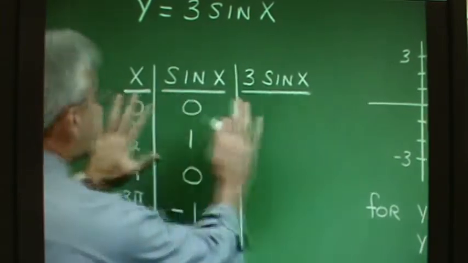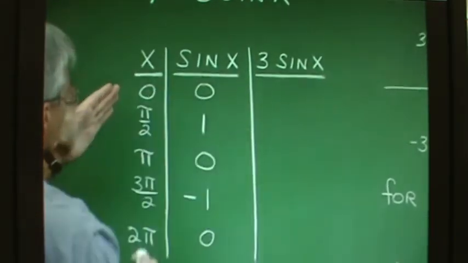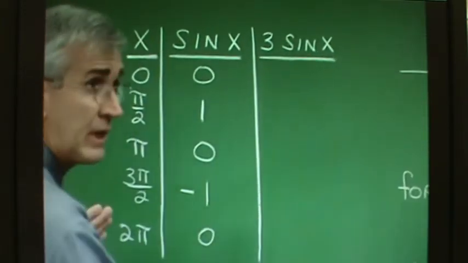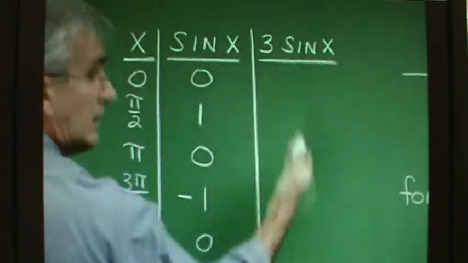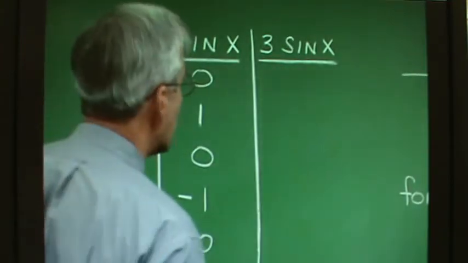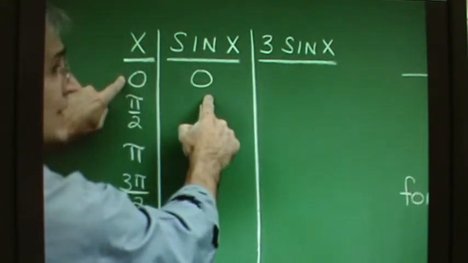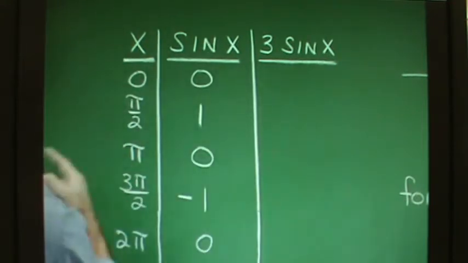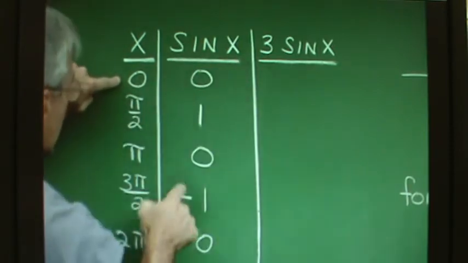Make your table of values so that you have 3 columns in the table. An x column, a sine x column, and then it's pretty easy to calculate a column which is 3 sine x, which is y here, the y values that we're calculating. So for the x and sine x, you see that those are the columns that we've had before. When x takes on these values, sine x takes on these values.